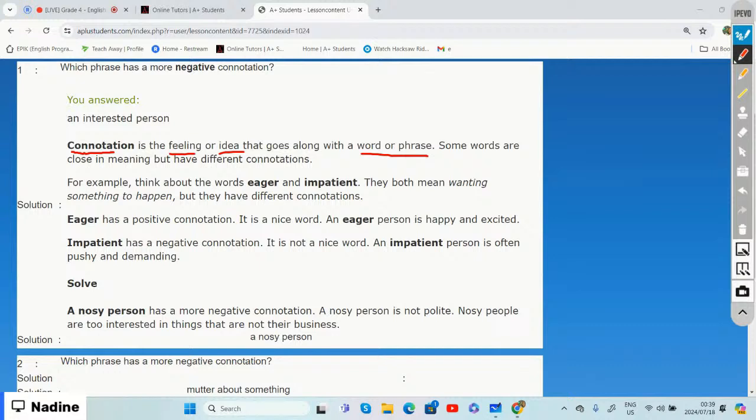Then we have impatient, which has a negative connotation. It is not a nice word. An impatient person is often pushy and demanding, and just wants things to be done now, on their time. So if it's a positive connotation, we would choose eager.